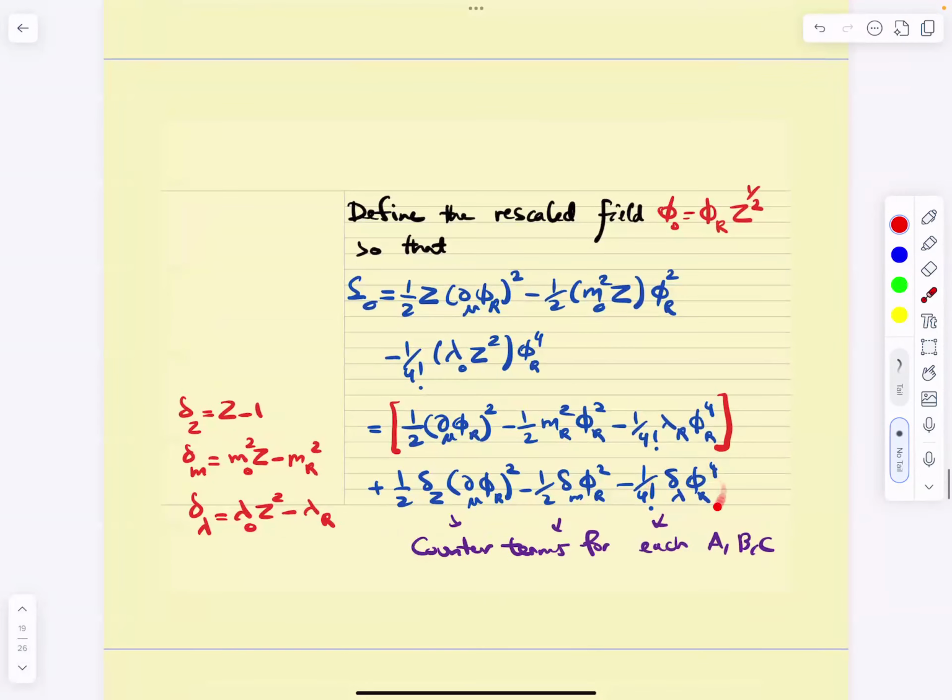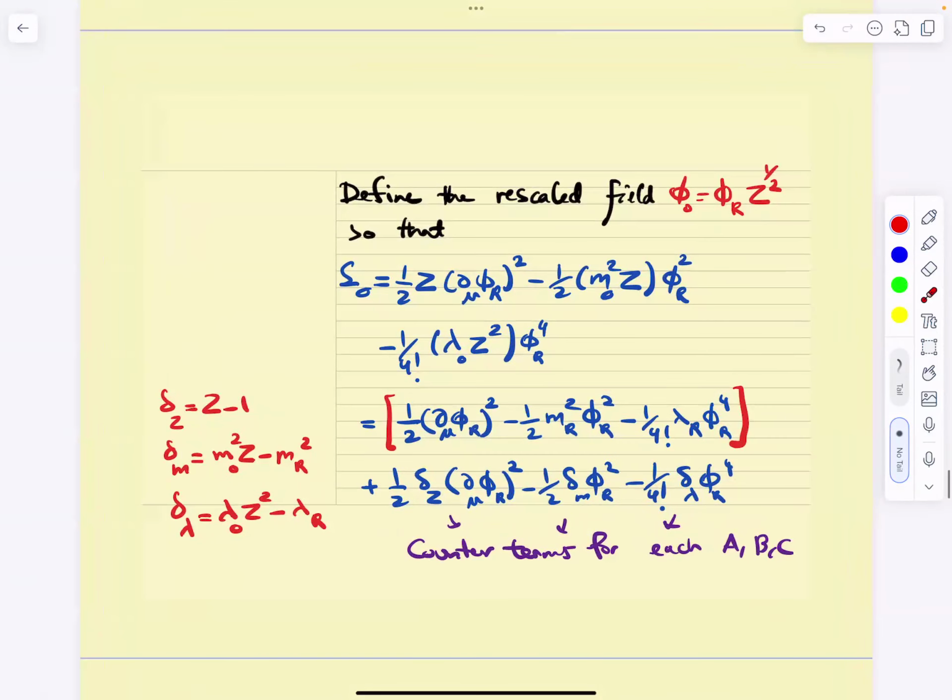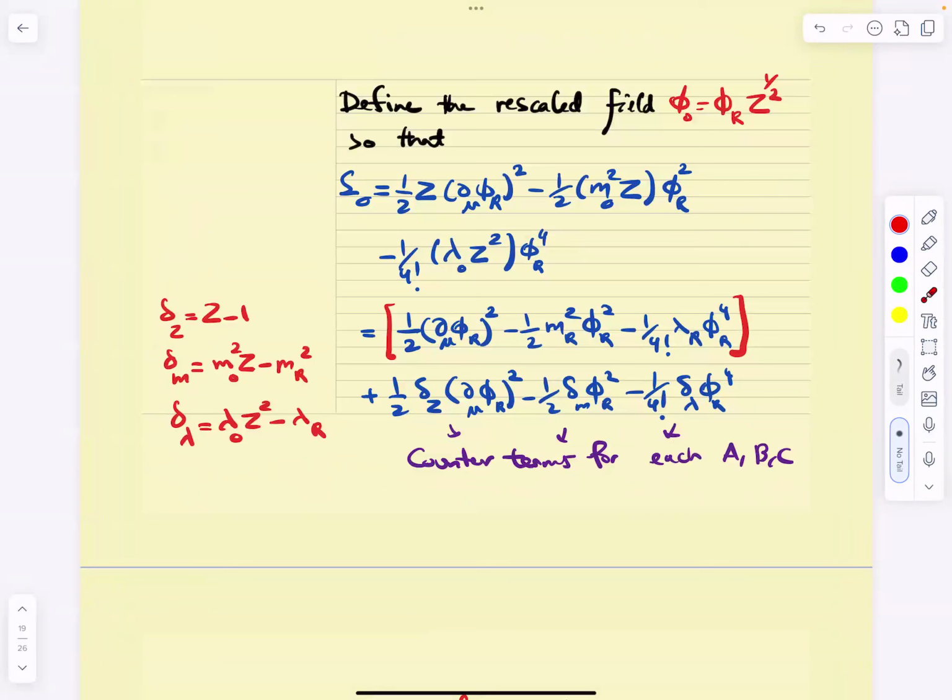And this is the counter term for C, right? But now what does it look like? The bare theory looks like the same action for the renormalized theory with a bunch of new interaction terms. These are new interaction terms, if you wish.